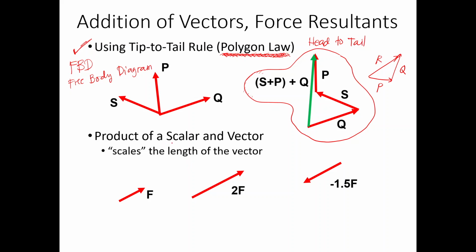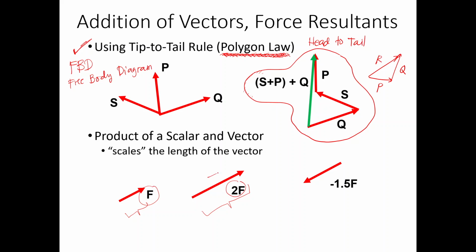So, product of a scalar and a vector. A scalar is again the magnitude only. If you put it with a direction, that's the vector component. As you can see here, we have F. If it's a bigger magnitude, then of course, as I told you earlier, the length will also justify the magnitude.